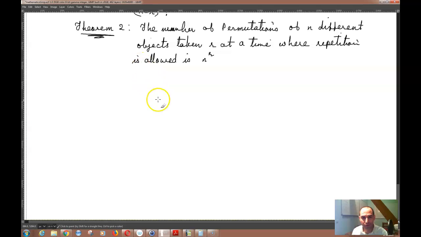for example, let's say you have the letters of the word rose, and out of these letters you want to build 4-letter words where repetition is allowed. So of course over here there are 4 ways of filling this placeholder.